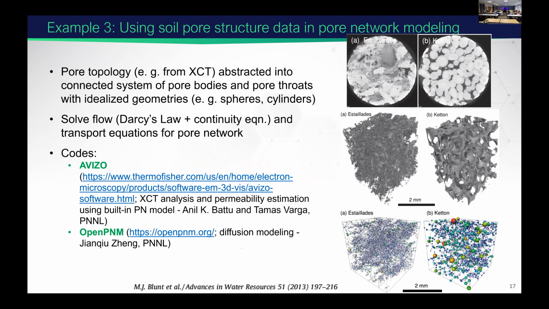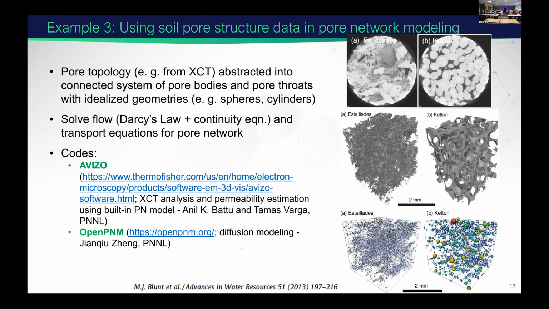My next example is pore network modeling, which takes the pore topology from CT and basically creates a kind of idealized geometry of pores represented by spheres and the channels between them, the pore throats, as sticks or cylinders.